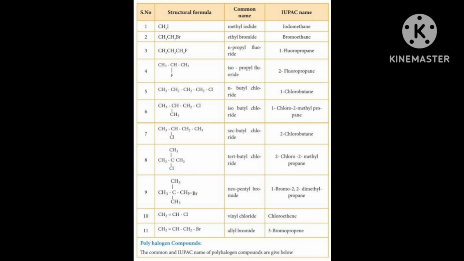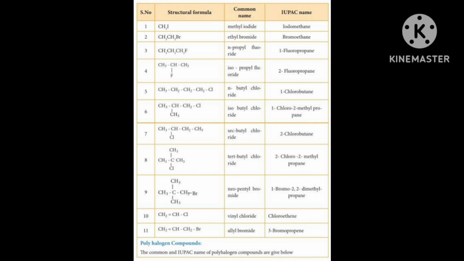Now the next example I am telling you: with benzene, one Cl is attached and one methyl is attached, and both are at adjacent positions. From one carbon one H gone, Cl came, and from the other carbon again one H gone and one CH3 came.